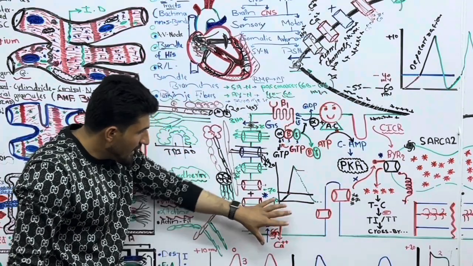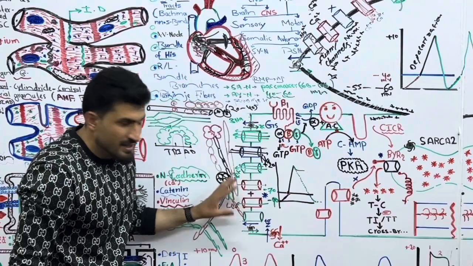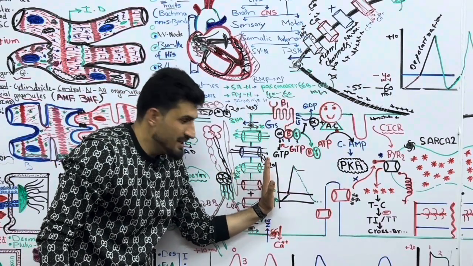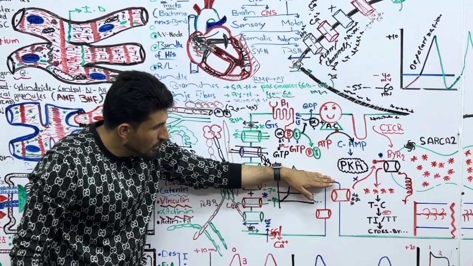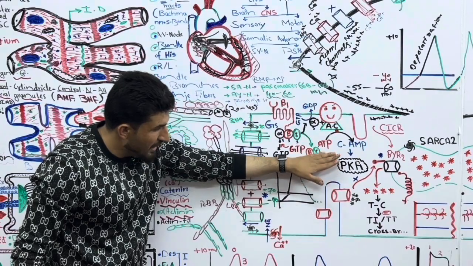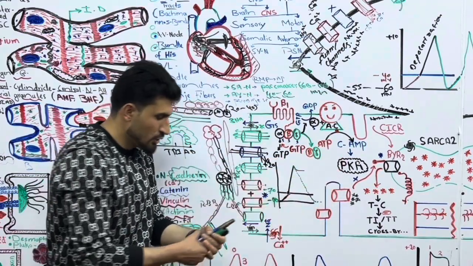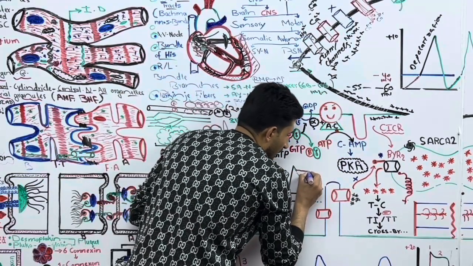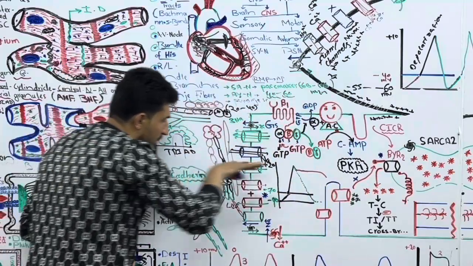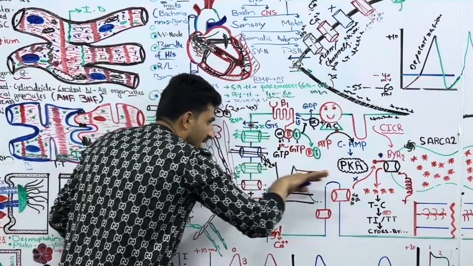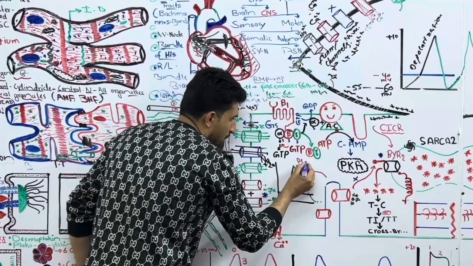Now when I lose positive charges and I gain positive charges, there will be no net fluctuation in my graph. So for a moment my graph remains in a plateau state, and this state is called plateau.